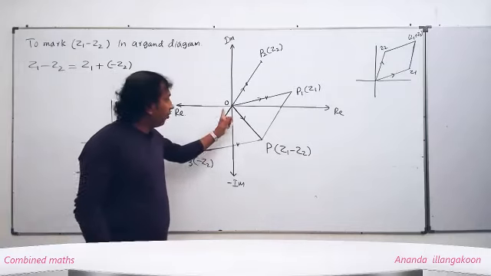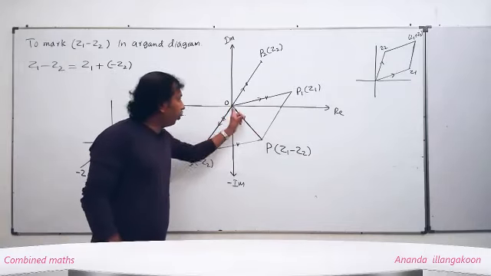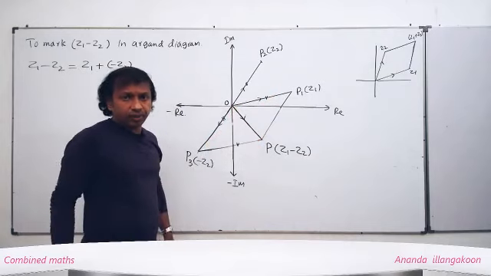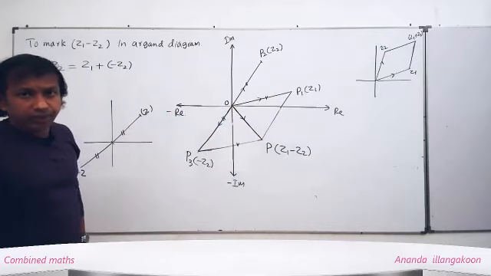That says we construct the parallelogram with OP1 and OP3 as the adjacent sides, which is automatically included in that.